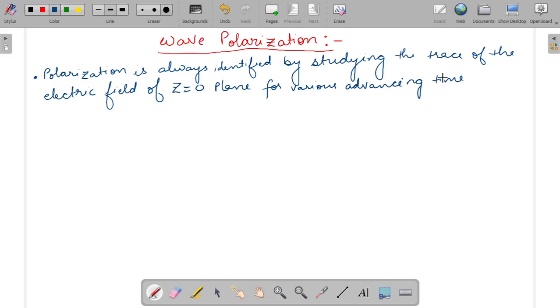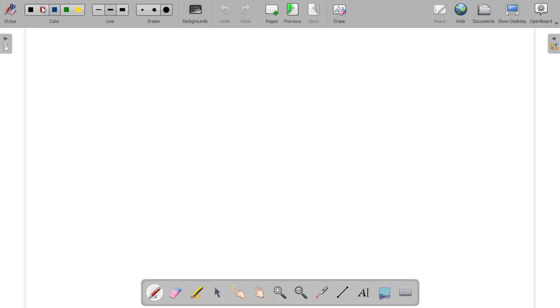So first we will see linear polarization. In linear polarization there will be two cases. The first case is single E field component.